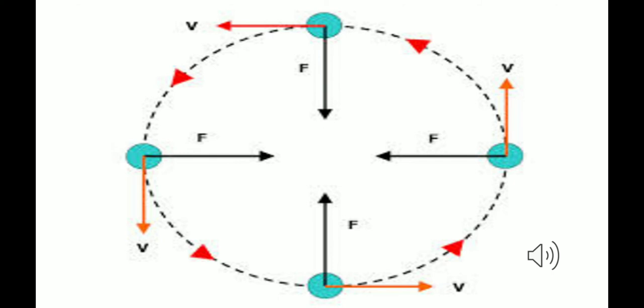If I talk about a triangle, if I start from point A and go to B, it is a straight line. Whereas if I turn from B to go to C, I am changing my direction, isn't it? So a circle is a polygon with an infinite number of sides, and on this path the body is changing its velocity every moment, because it is moving in a circular path, and when the direction is changing, velocity is changing.